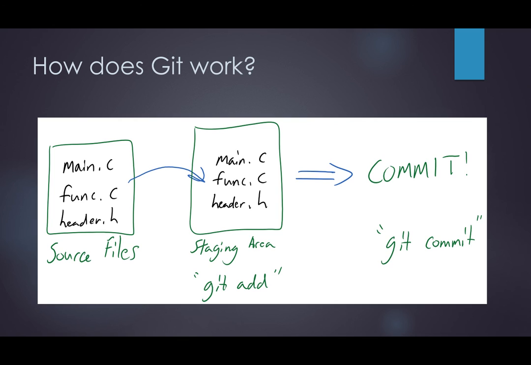So in the staging area, the source files and anything that you add to it hasn't been officially committed yet. It's just saying that I'm ready to upload these, basically. And in quotes at the bottom, I have git add and git commit. Those are like the associated commands. So once you put them in the staging area, when you do a commit, it'll actually push those changes to the repository.